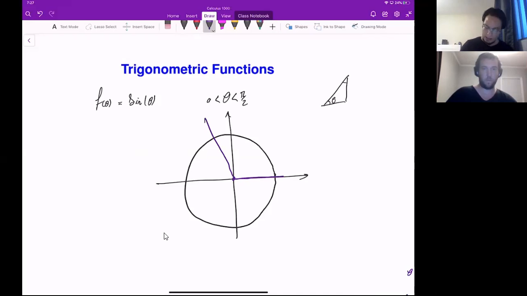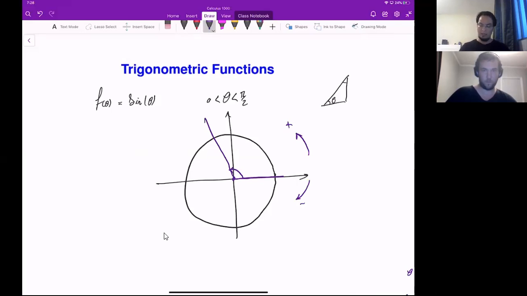If you go in the counterclockwise direction, the angles are counted as positive. If you go in the negative direction, you count them as negative values.